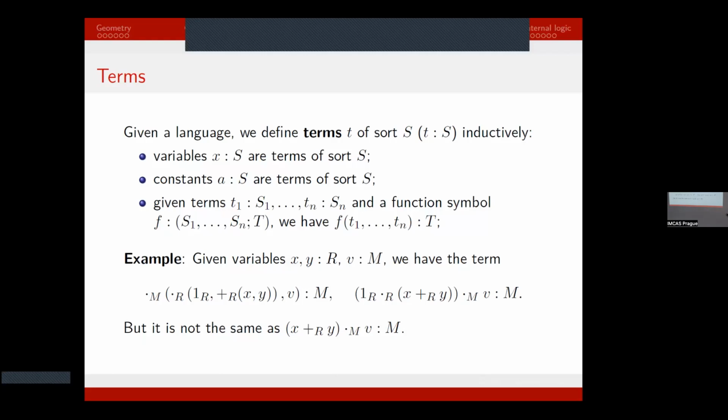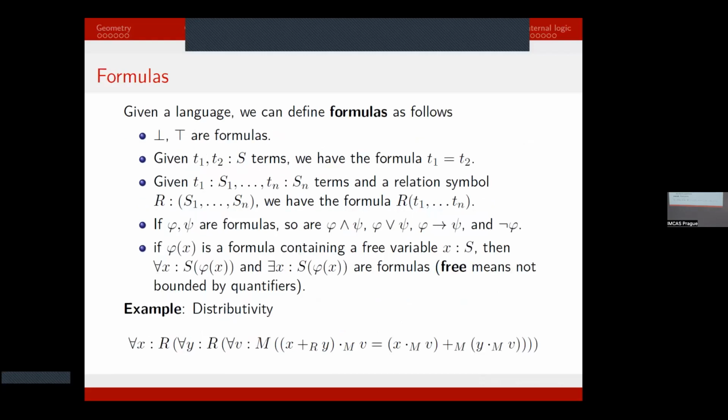So now that we have words, we only need to build sentences. Sentences in logic are formulas. What's a formula? Again, we build it by induction. We know that those two symbols, which correspond respectively to false and true, are formulas. Then whenever we have a couple of terms of the same type, and it's important that they're of the same type because otherwise they wouldn't be comparable, there is a formula t1 = t2.